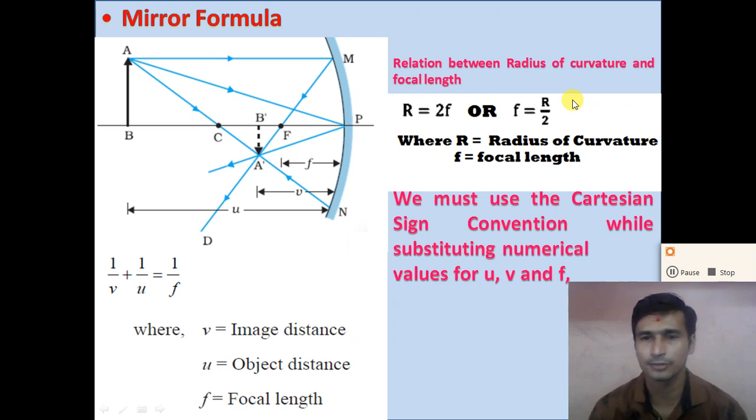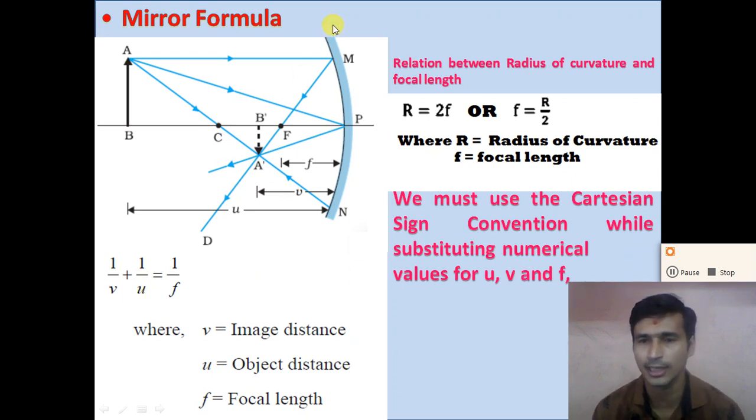So dear student, one point you must remember: we must use the Cartesian sign convention while substituting the numerical values of u, v and f. This is the Cartesian sign convention which we discussed in a previous video, so see the previous video again, right?